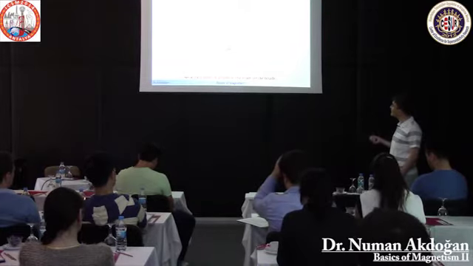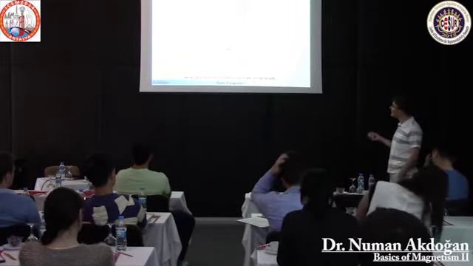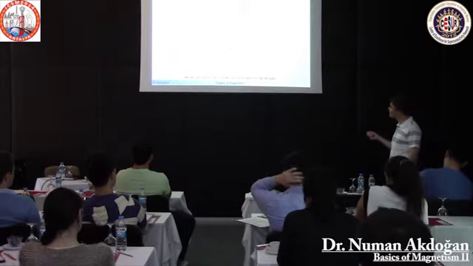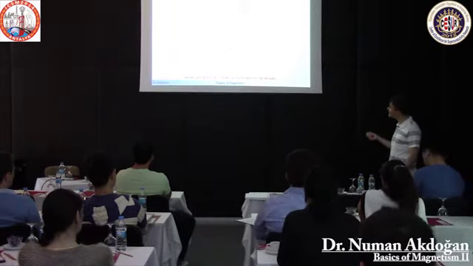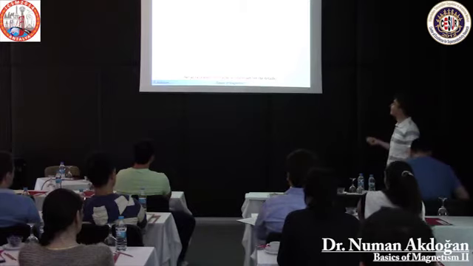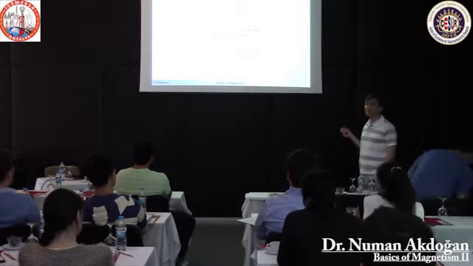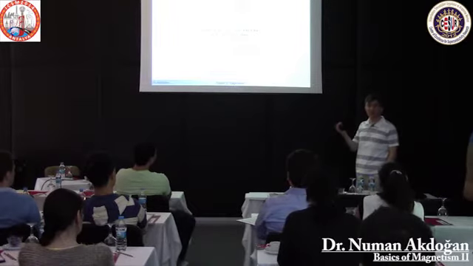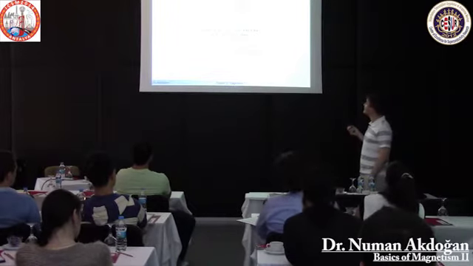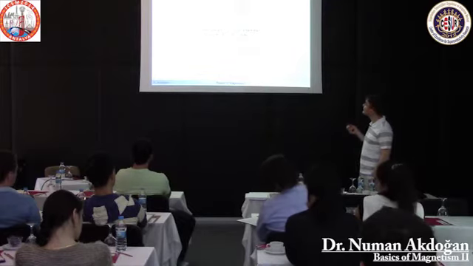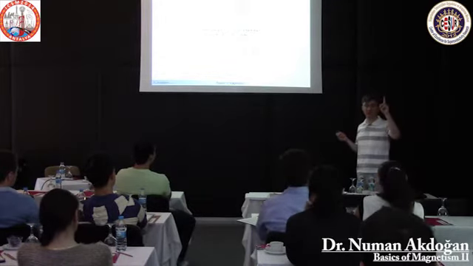Since I have mu here, I will put it in, and then finally I have this A value. So this is my average magnetic moment along the magnetic field, and this is for just one atom.